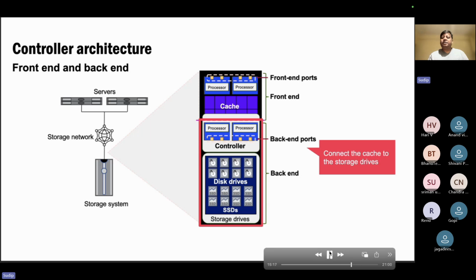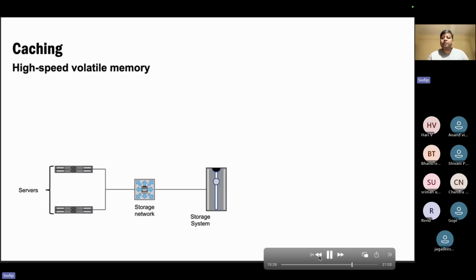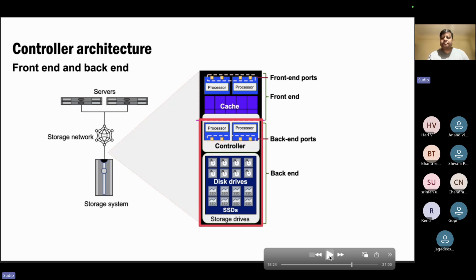Backend again has two large subcomponents, the controller and the drives themselves, or the drive shelves. The controller will have its own processor and its own backend ports, and it will use special kinds of cables and protocols to connect to the hundreds of disk drives and SSDs in the backend so that it can simultaneously read and write large amounts of data.